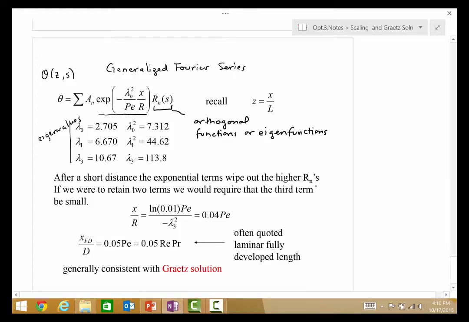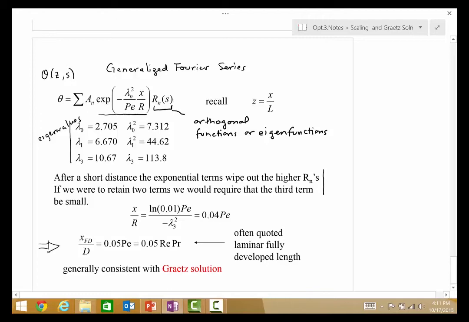After a short distance, the exponential terms wipe out the higher Graetz functions, the higher Rn's, and if we were just to retain two terms, that means that the third term is small, and we can show that relatively easily. What is particularly interesting is that this two-term expansion with the third term small is a suggestion of how we might determine what it means to be fully developed in a thermal sense.